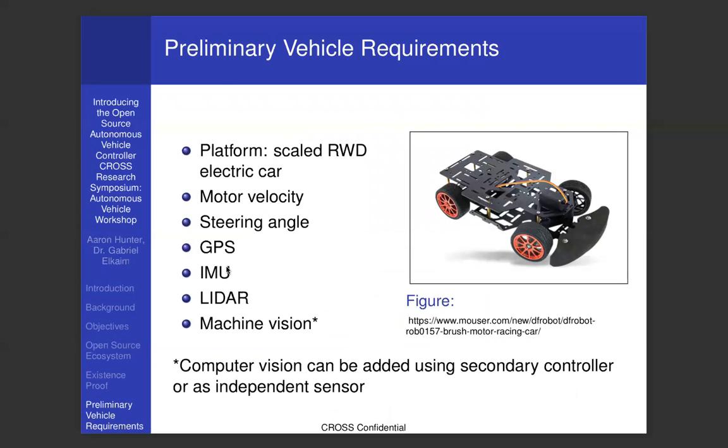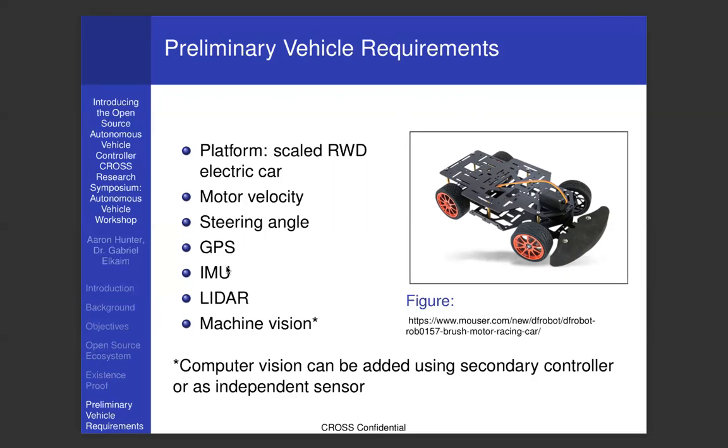These are what we've defined to be the vehicle requirements for our test vehicle. Like I mentioned earlier, we want to choose an automotive platform, so something like the image on the right, where we have a scaled, rear-wheel drive electric car.